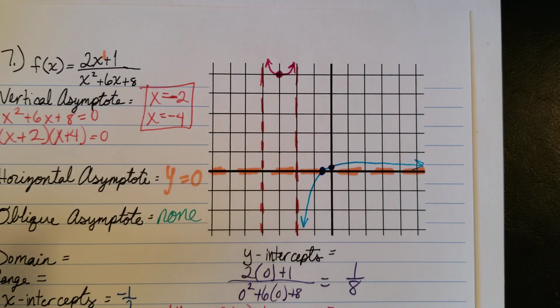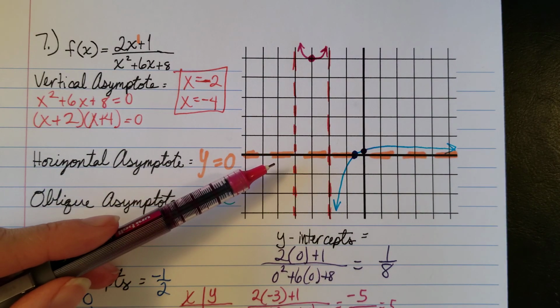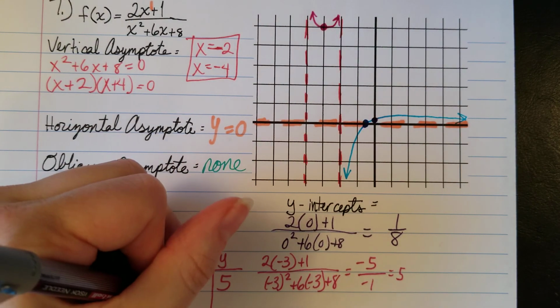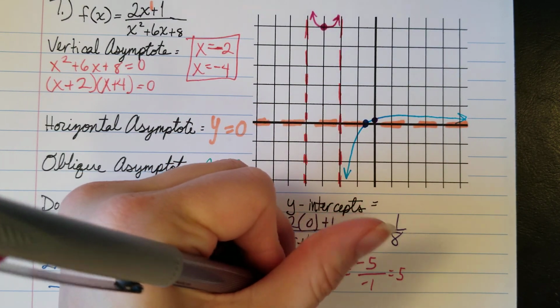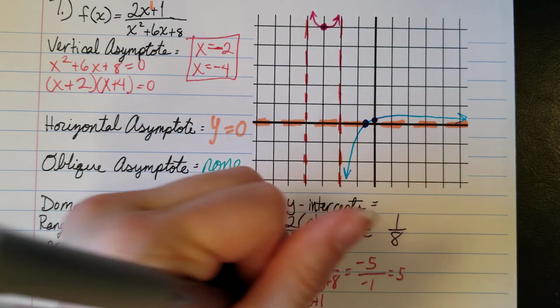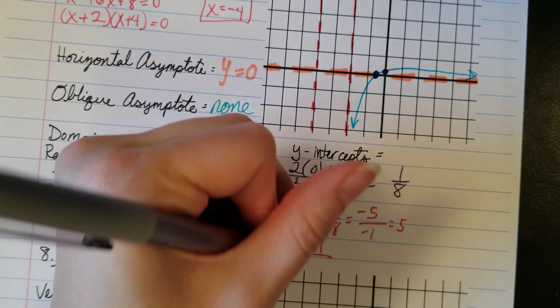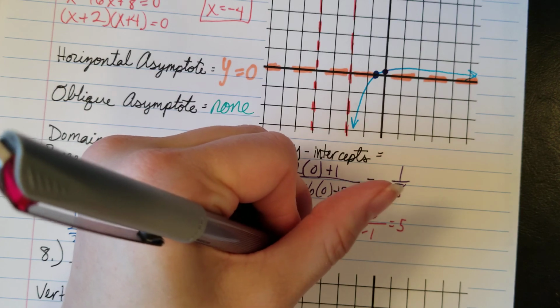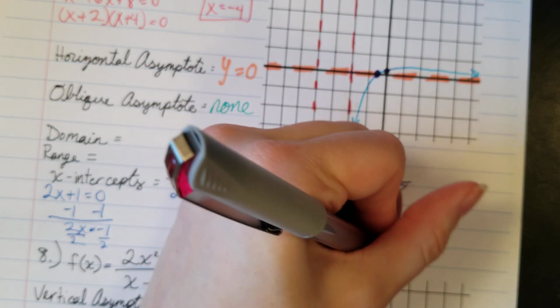So it kind of looks like a little mini parabola there. Okay, and then let's pick an x value over here, like -5, and plug that in the same way. So 2 times -5 plus 1 over -5 squared plus 6 times -5 plus 8. So that's going to equal -9.